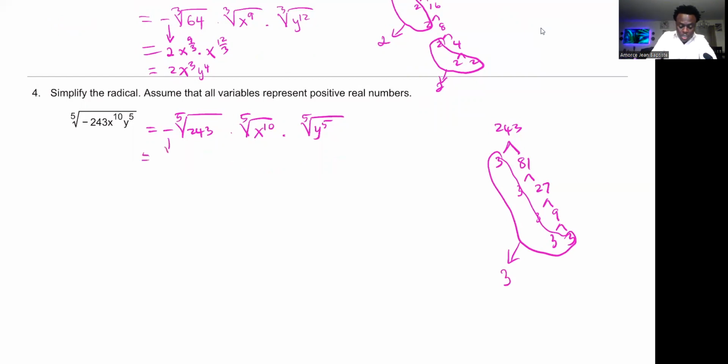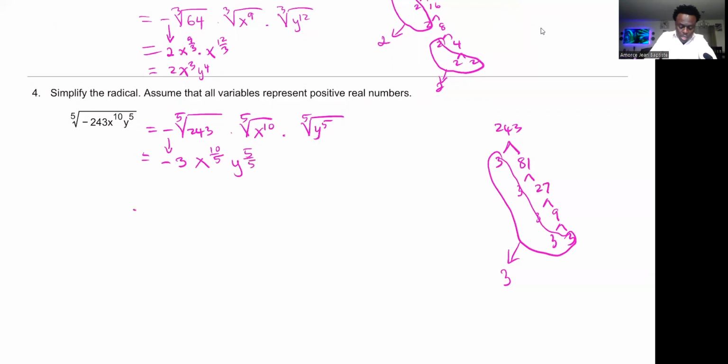Negative sign, we drag it down. -3, that was the 5th root of 243. So now this one is x to the power 10 divided by 5. And this one is y to the power 5 divided by 5.